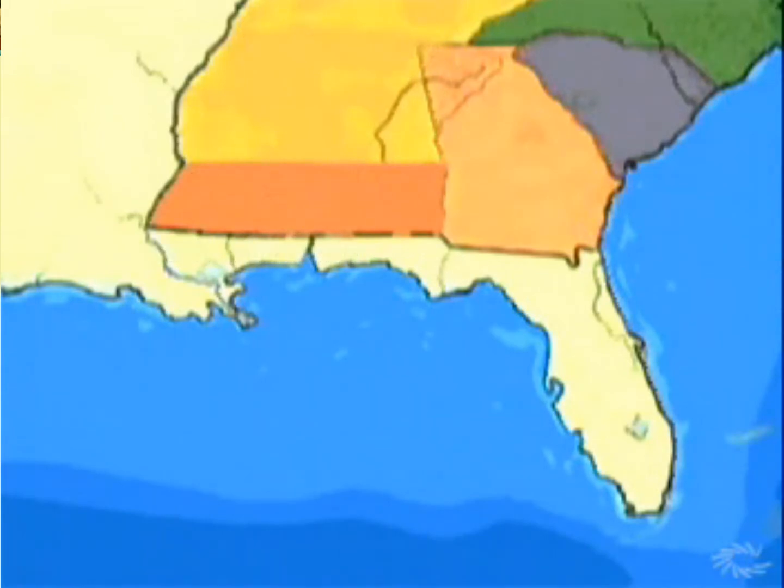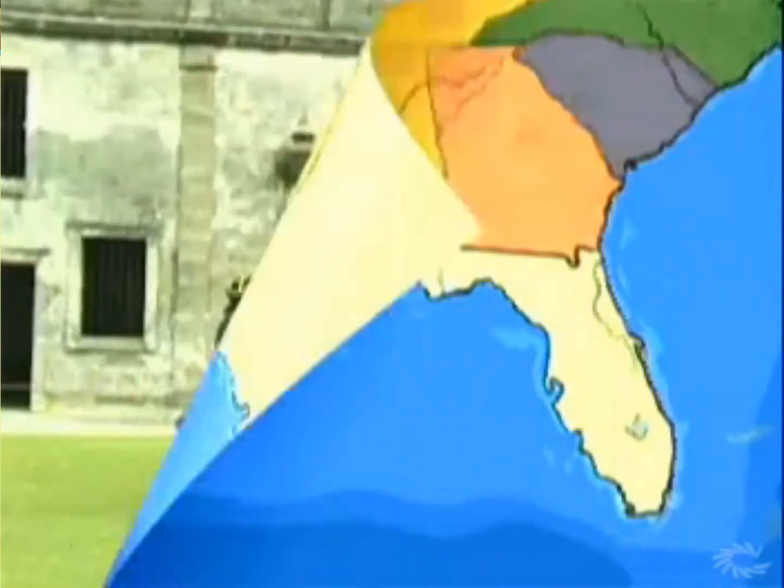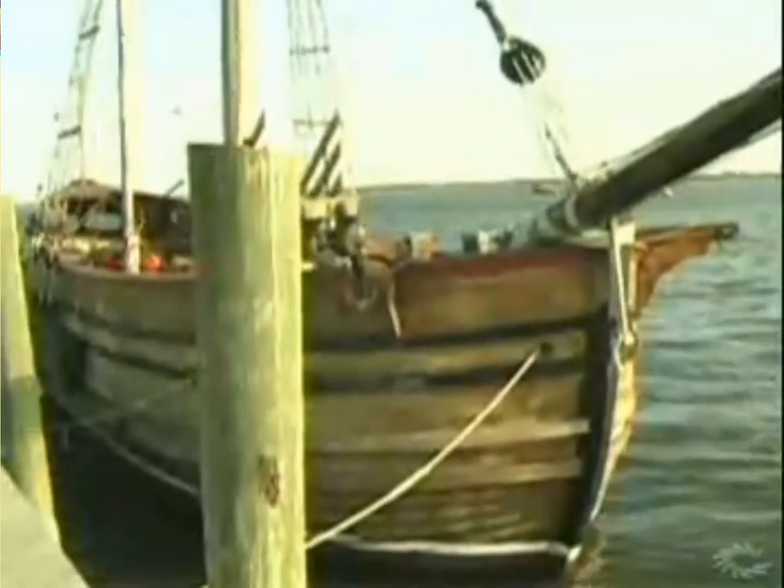And as a result, thousands of square miles of new territory were added to the United States. This land later became parts of the states of Mississippi and Alabama. In addition, the treaty prevented Spanish military forces from interfering with American trading ships on the Mississippi River.